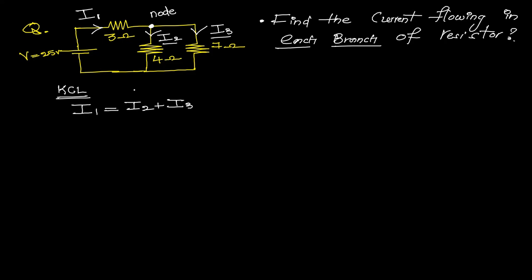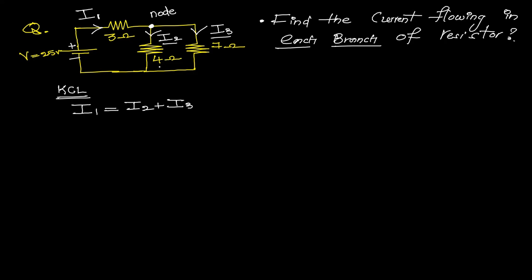Now, to calculate the current, from this voltage source I1 is coming. The current flowing through the 3 ohms is the total current supplied by the voltage source.